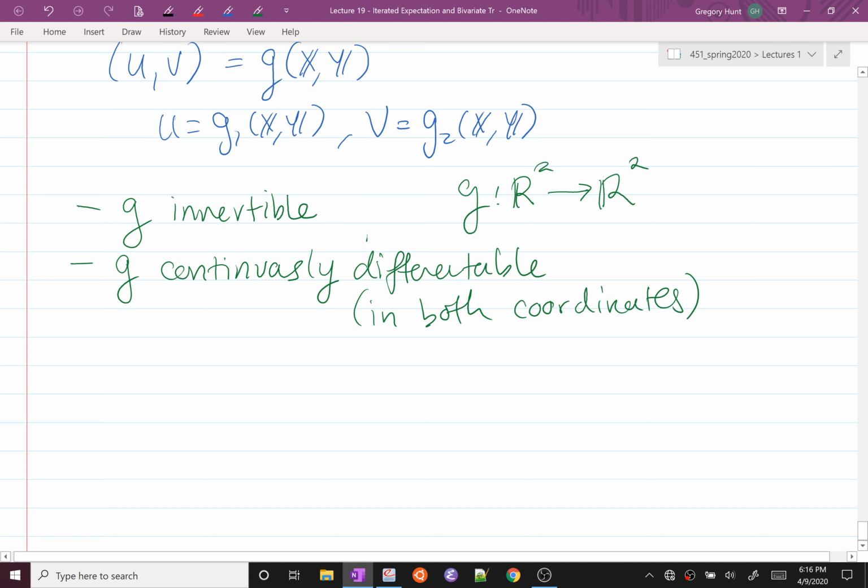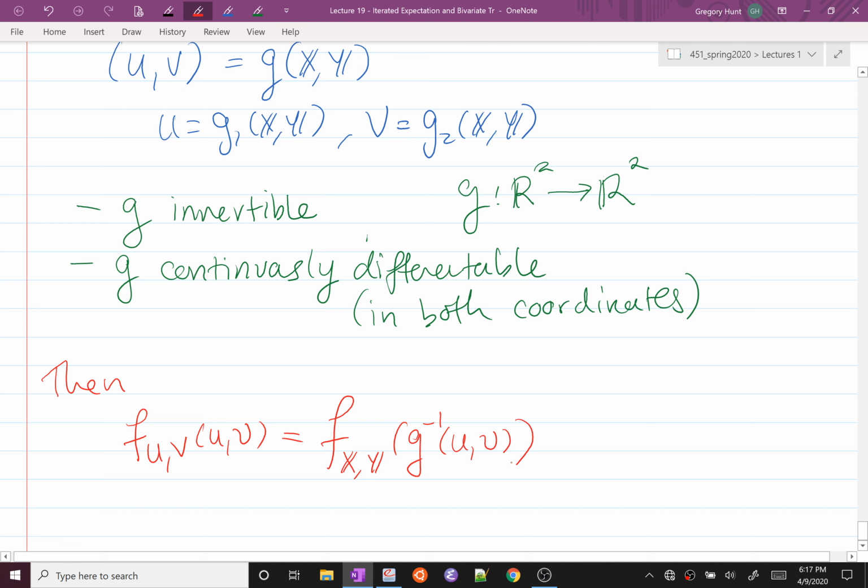All right. What's the theorem? In this case, if I want now the joint PDF, because we have continuous, of (u, v) at values little u and little v, I can get this from the joint PDF of x and y. I'm going to plug in the inverse function of g.